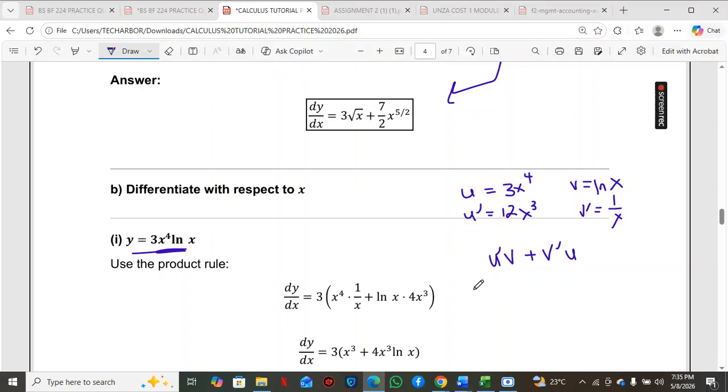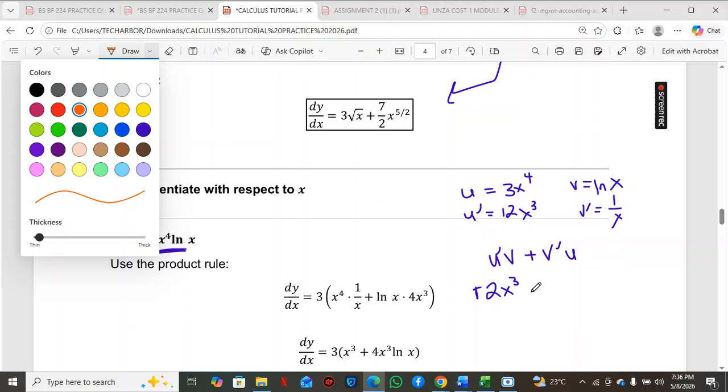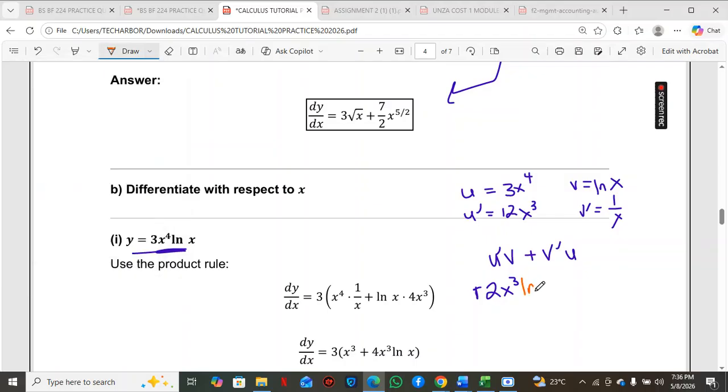Our u prime of this u is 12x cubed. V is natural log of x, plus v prime, 1 over x, times u, 3x to the power 4.